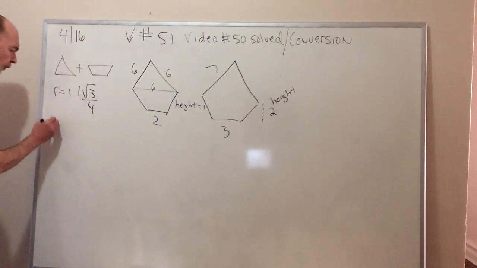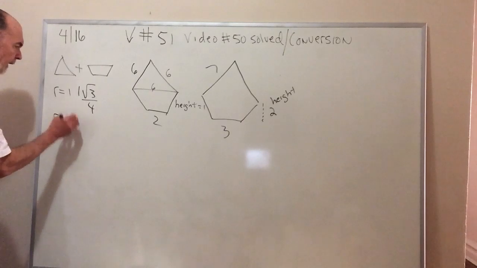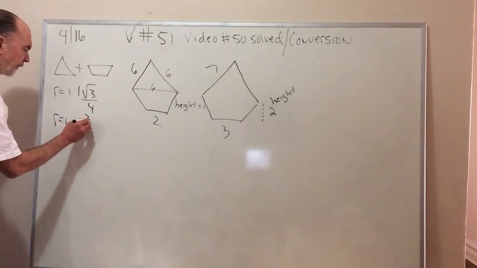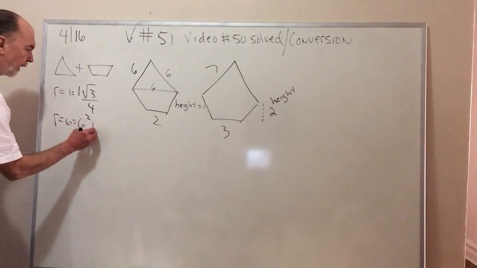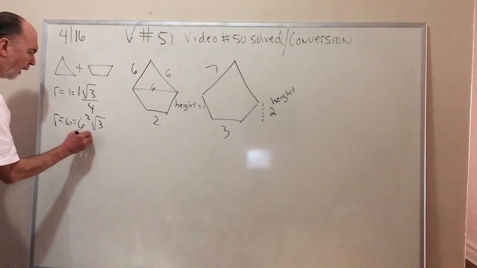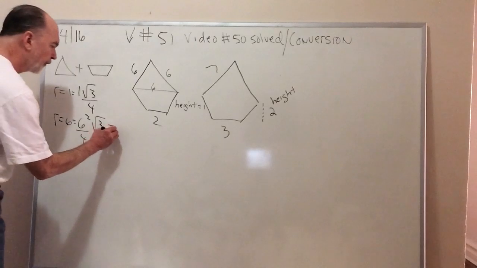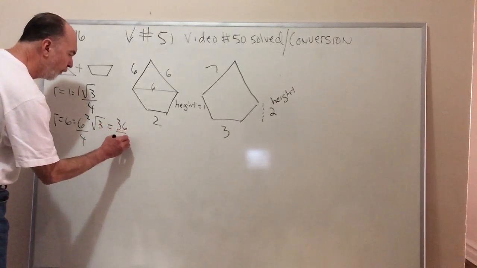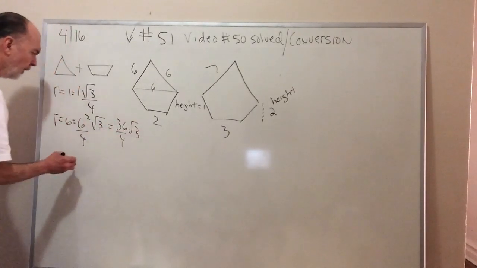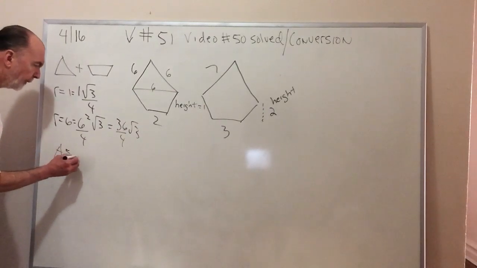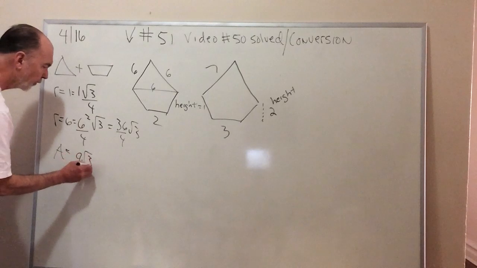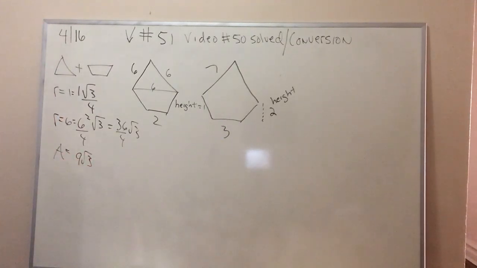Then when the radius is 6, instead of the 1 I write 6 squared, 6 squared times radical 3 over 4, which equals 36 over 4 radical 3, which equals 9 radical 3. So it was that easy to do the math.